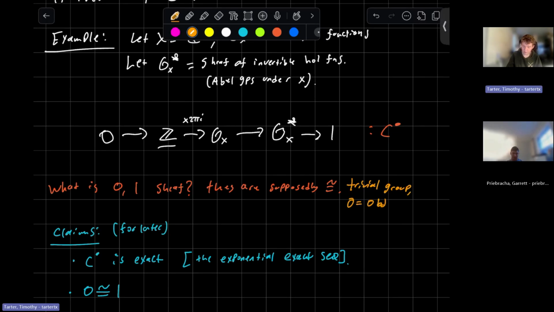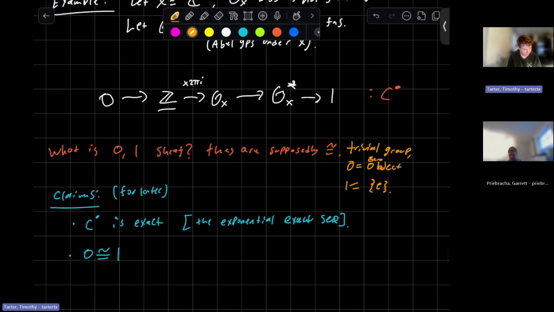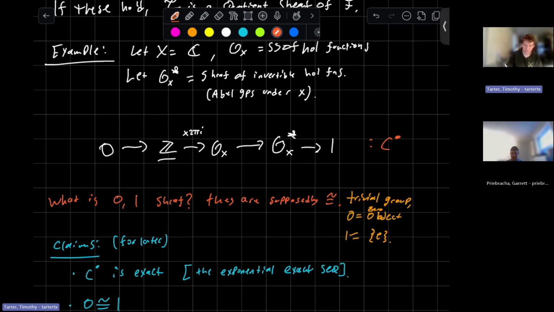Zero is the zero object, 1 is just the identity. And I'm going to guess that this is the surjection and this is the injection. Yeah, that's the surjection, that's the injection.